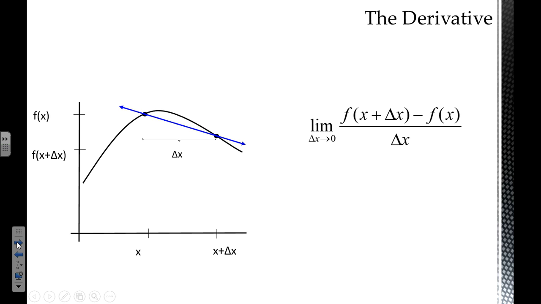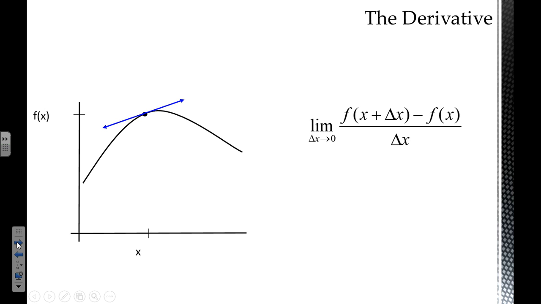We have the limit as our change in x approaches 0 of slope. As the change in x approaches 0, these points get closer and closer and closer together until we have a tangent line.